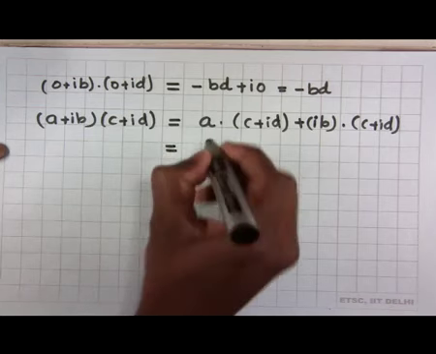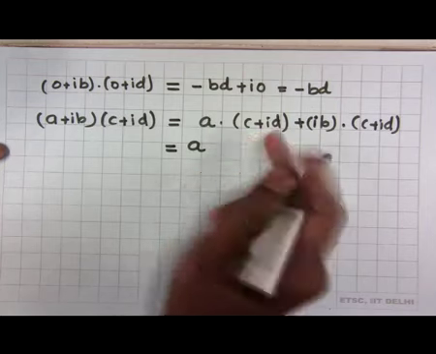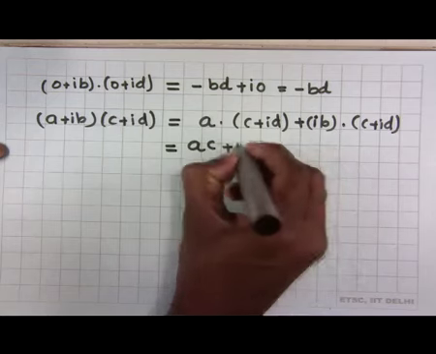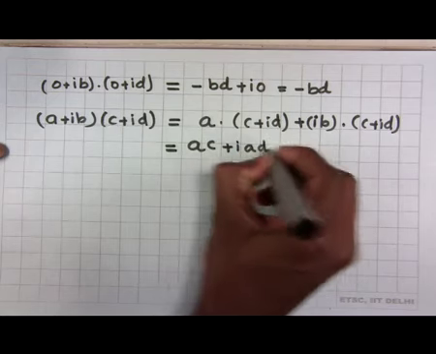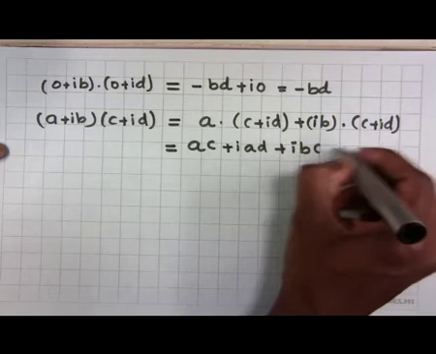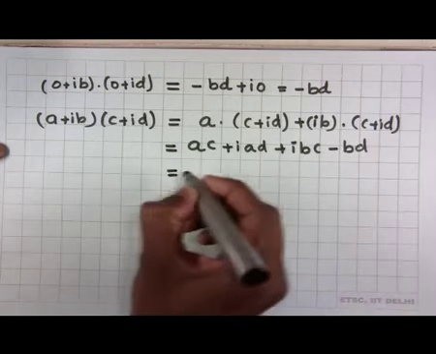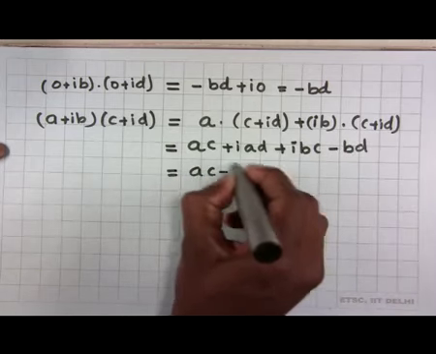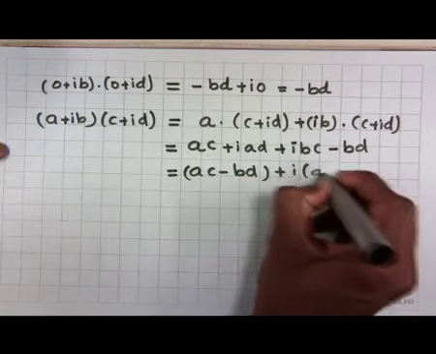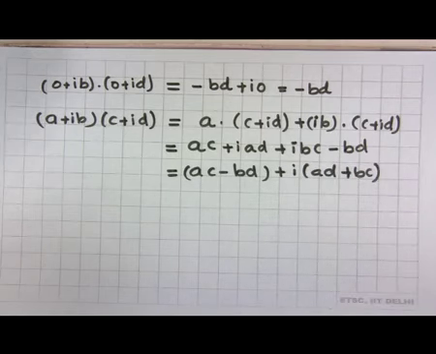Now, we see that we apply the distributive law one more time, and this is a c plus i a d plus i b c minus b d. All together we just receive what we defined as the product now. So, what is the message?